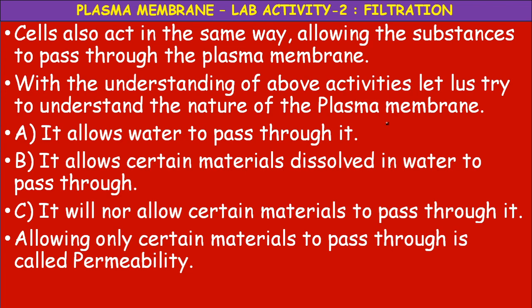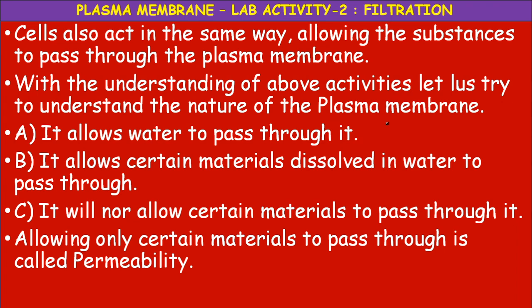Allowing only certain materials to pass through is called permeability. Only certain substances or certain materials are passing through the membrane. Okay, that is called permeability. So it is only allowing certain substances, so it is called semi-permeability.